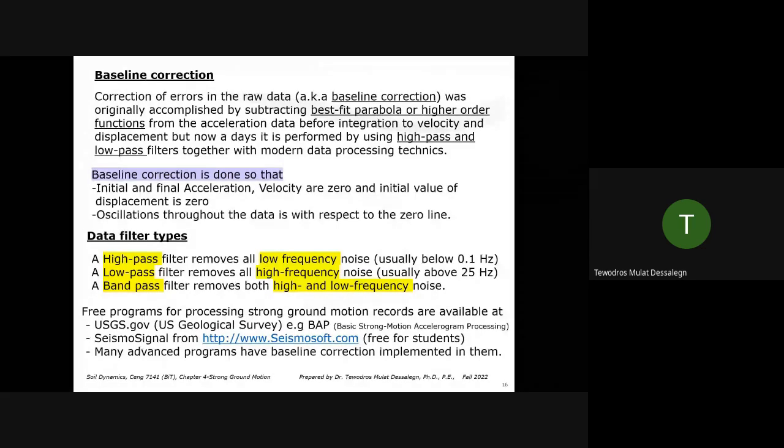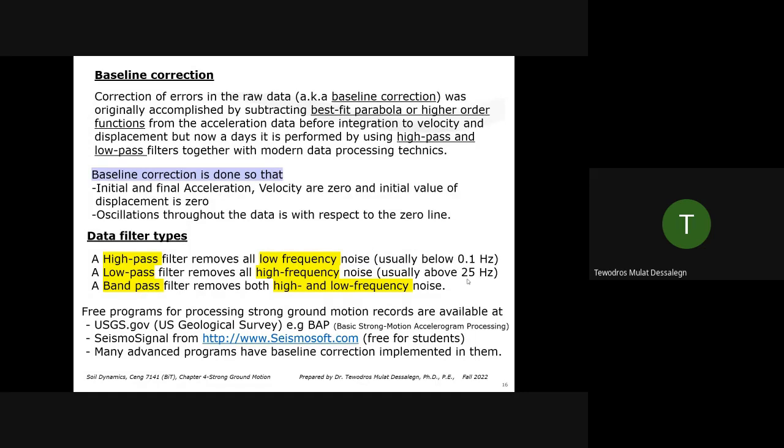For civil applications, the frequencies of interest are most commonly anywhere from 0.1 to 25 hertz. But we can go higher, 33 hertz or 50 hertz or even 100 hertz sometimes, depending on the criticality of the structure. But the higher the frequencies you try, the more expensive the solution is, because modeling, like finite element modeling, will require a very fine mesh to capture higher frequencies.